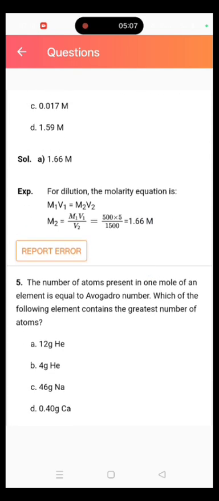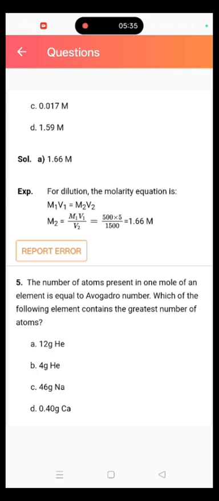Now the next question: the number of atoms present in 1 mole of an element is equal to Avogadro number. Which of the following elements contains the greatest number of atoms? See, 1 mole of an element contains Avogadro number of particles.